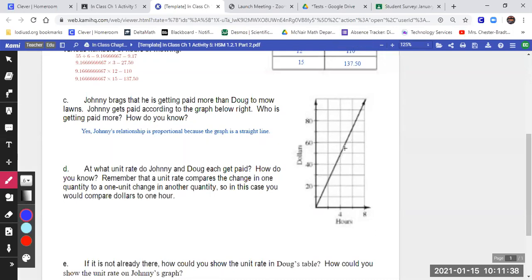But I do see that this one is right on the corner of the square. So we need to have our line going through the very corner of a square. That is the point we're going to find the coordinates of, because that's going to tell us our time and our money.